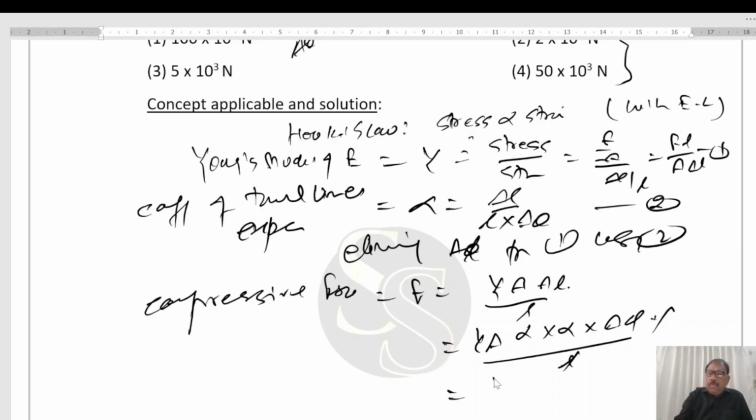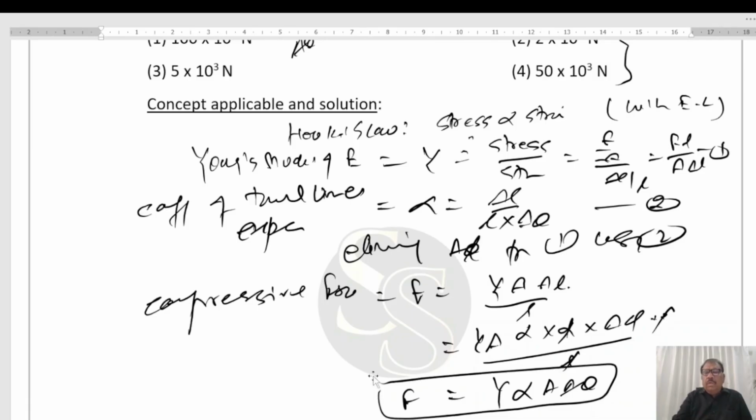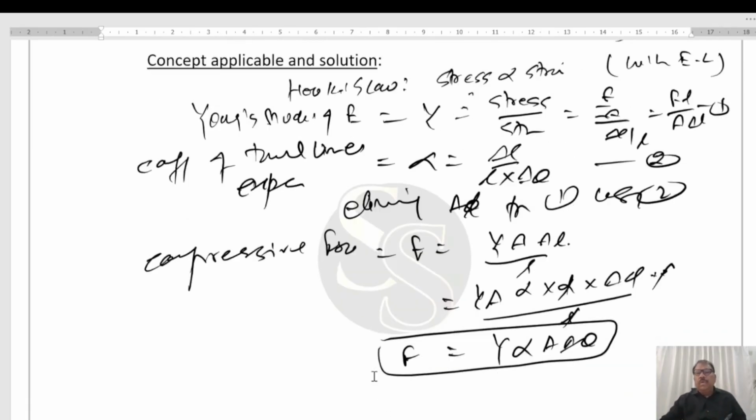So this comes out to be Y alpha A delta theta.